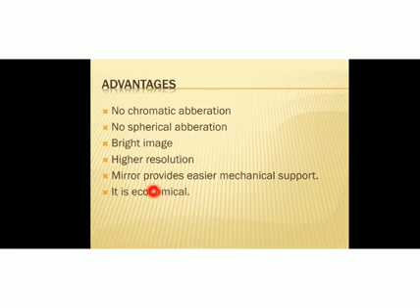But at the same time it's very difficult and expensive to make large sized lenses free from chromatic aberration, because chromatic aberration can be reduced by making large sized lenses, which is very difficult and also very expensive. So these are some of the advantages of the reflecting telescope over the refracting type telescope. This is very important. You must note down the advantages. You can expect this question for your boards as well.